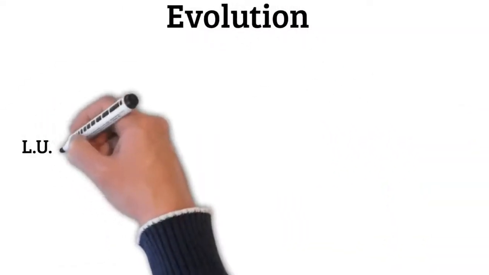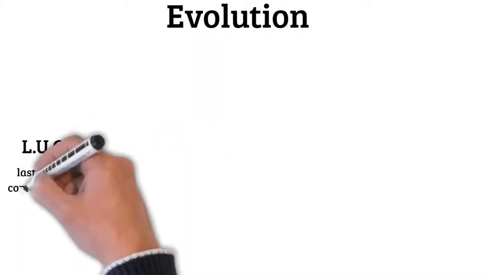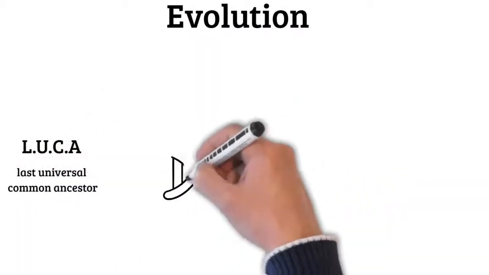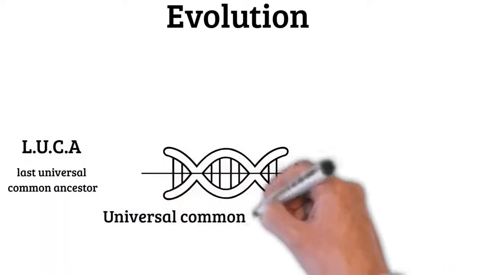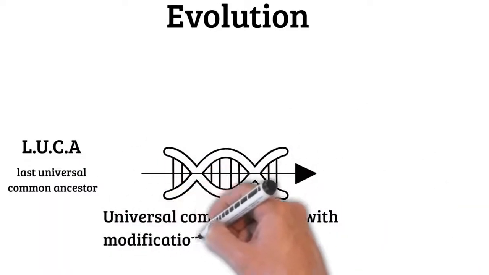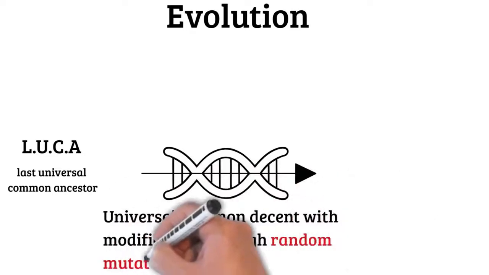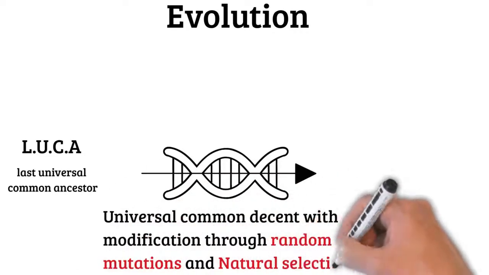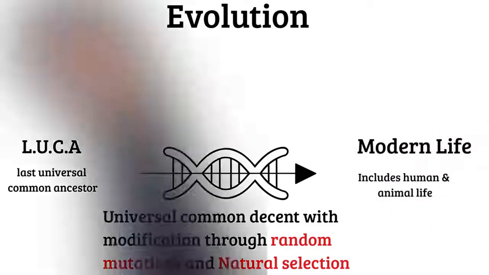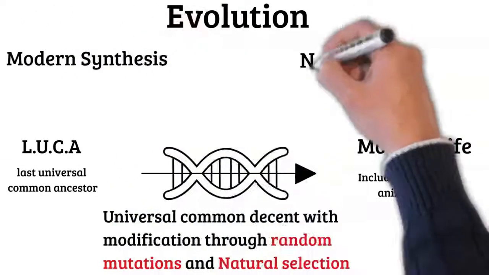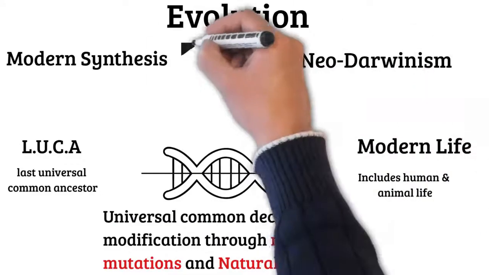So in short, the theory of evolution is like this. There is universal common descent with modification by random mutation and natural selection. And we can consider this statement to represent what is known as modern synthesis or Neo-Darwinism.